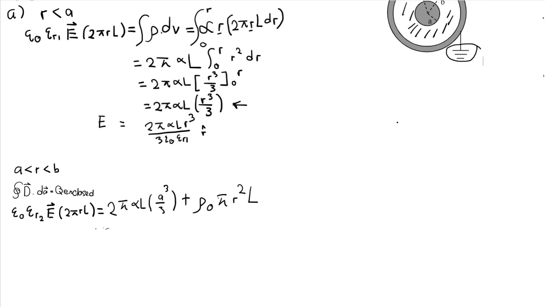So what this would look like is basically copying from the top: 2 pi alpha L bracket A cubed over 3 plus rho naught pi r squared minus a squared, multiplied by the length.